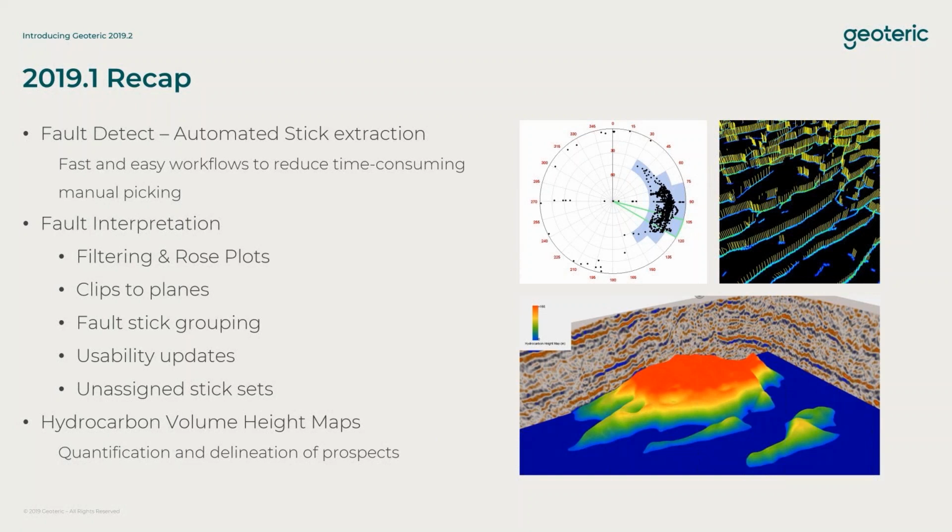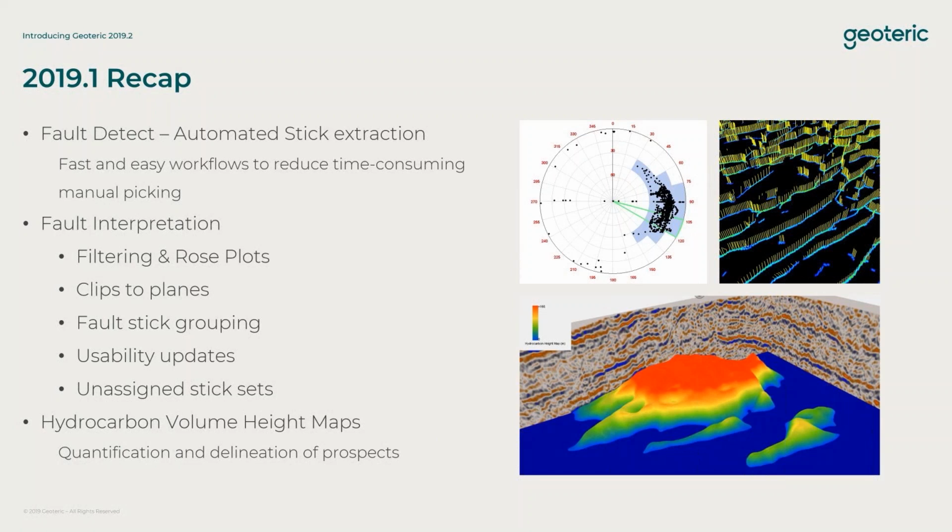There were also some updates to the fault interpretation workflow. These included filtering and rose plots, so your fault sticks could be filtered via characteristics such as azimuth, dip, and length, for example. If you had a 3D scene that was full of fault sticks, these could be clipped to a plane to aid grouping them and just make your life easier.